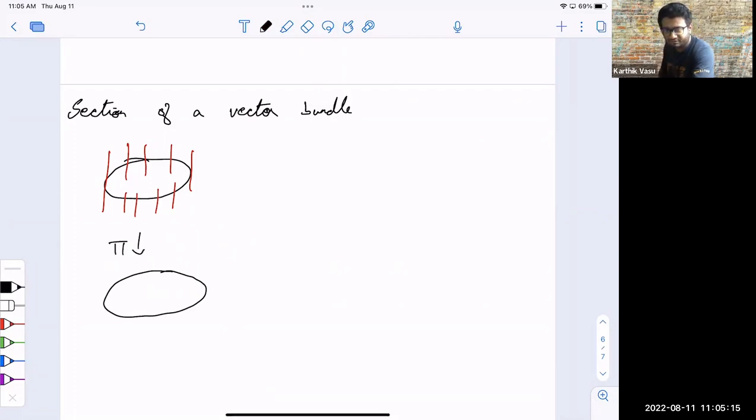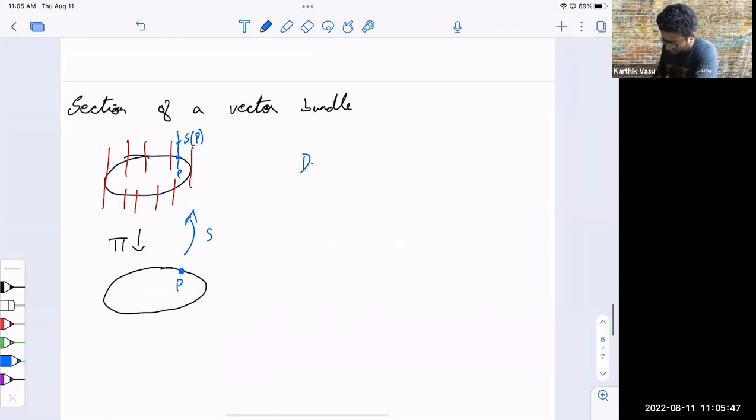A section will just be a map going in the opposite direction. If you have any point P here, it will give me some vector over that point. So for each point, it will give me a vector in that point's fiber. That's what a section is.